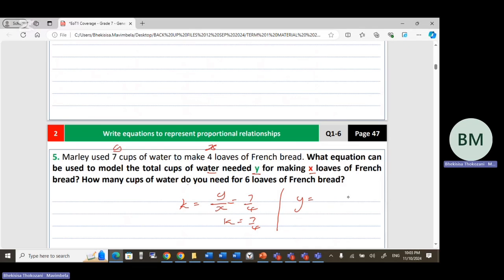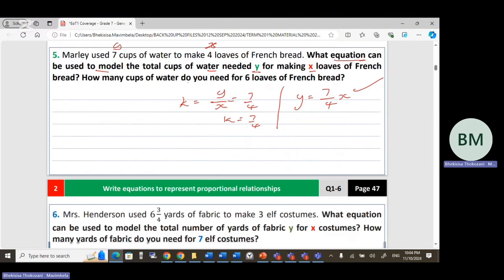Therefore, your y will be equal to 7 over 4x, and that's it, right? That should be your answer. That's the equation, because they ask what equation can be used to model this. Okay, very important to identify which is y, which is x first.